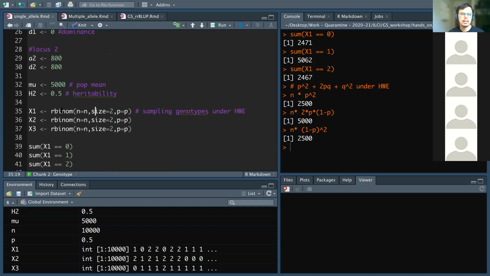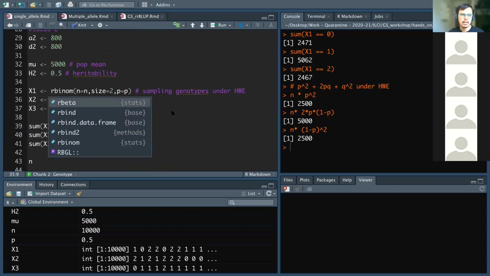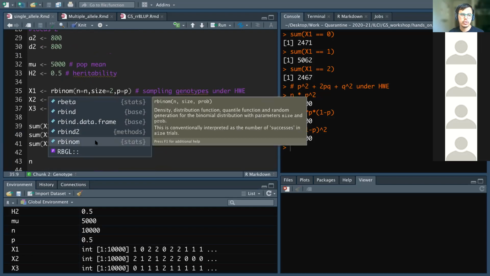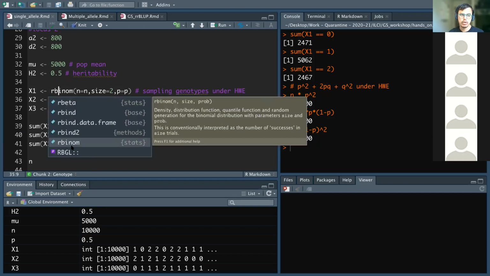Okay. So if you want a really detailed explanation about the variables in the code that we're going to use in RStudio, you can go into the function, in this case rbinom, and you are going to have easy access to the help.